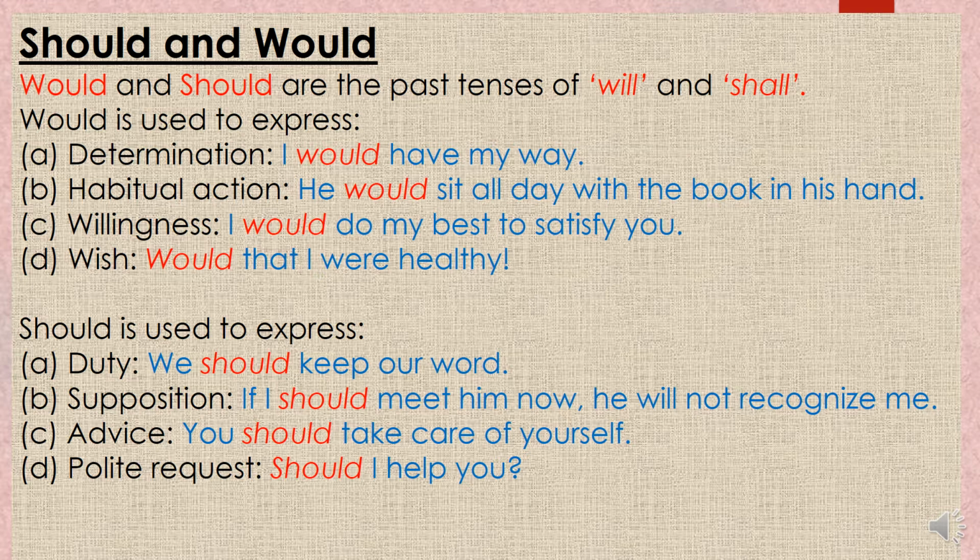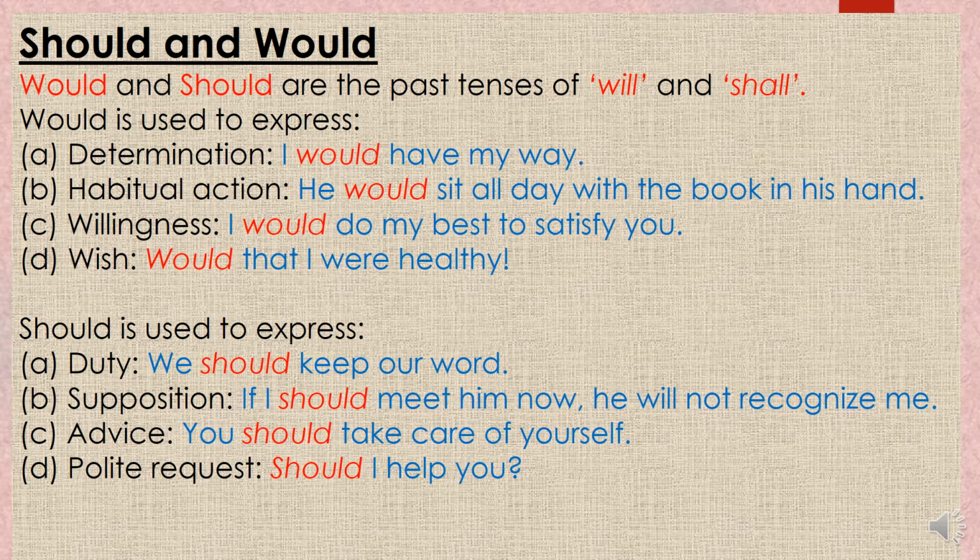See, the first, determination. When you are showing your determination, you will use would. When you're sure about something, you say will, that I will do my best, I will have my way.